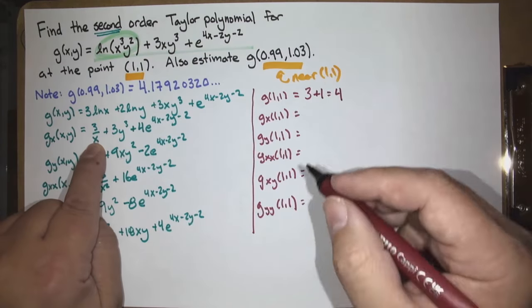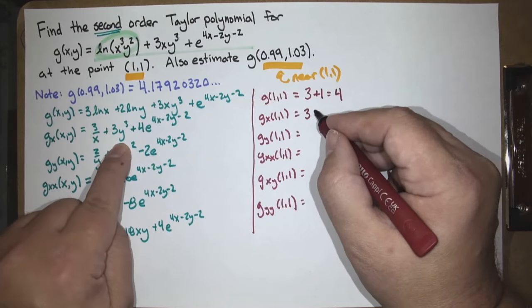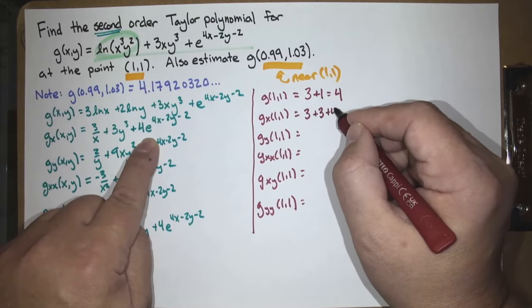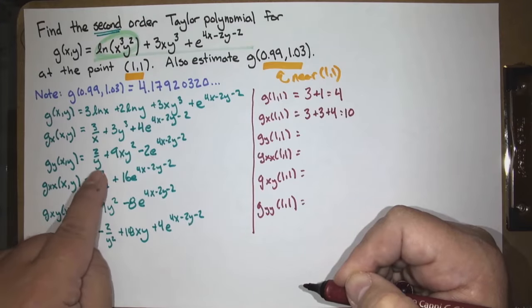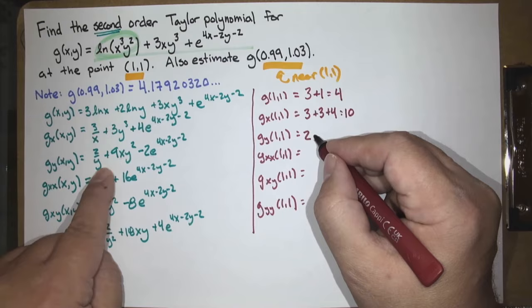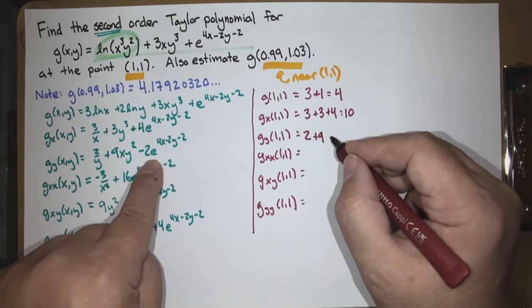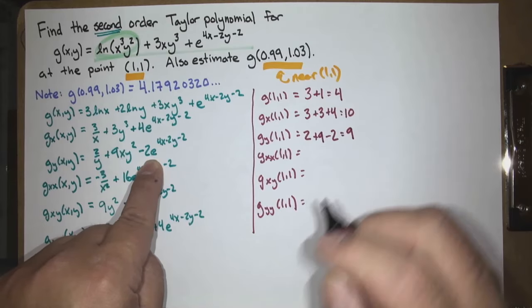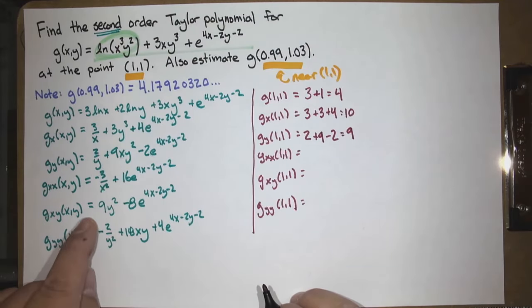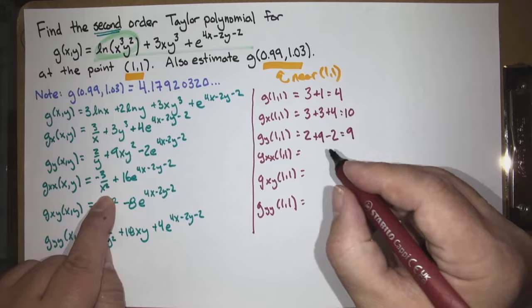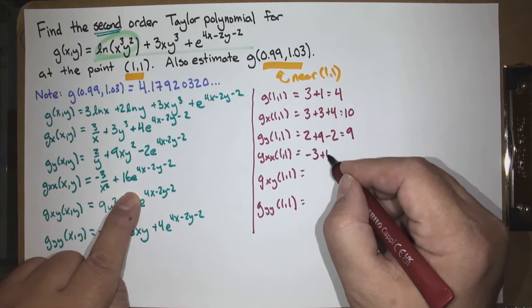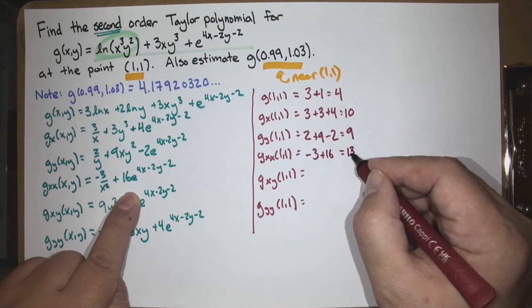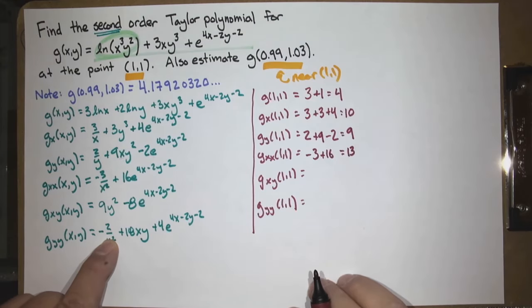G sub x at 1, 1, we have 3 plus 3 plus 4, which makes 10. G sub y at 1, 1, we get 2 plus 9 minus 2. So that's 9. G sub xx is negative 3 plus 16, which makes 13. Well, that's going to make the numbers interesting.